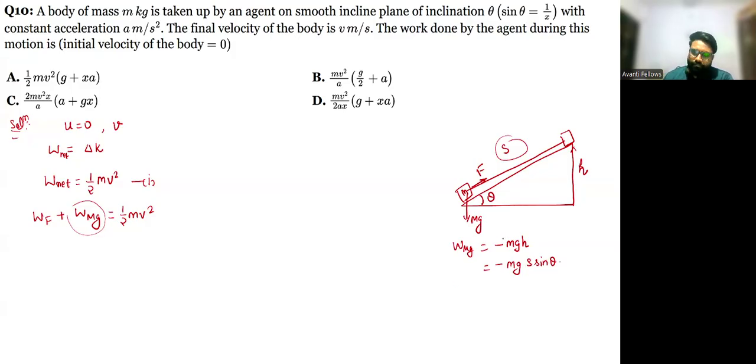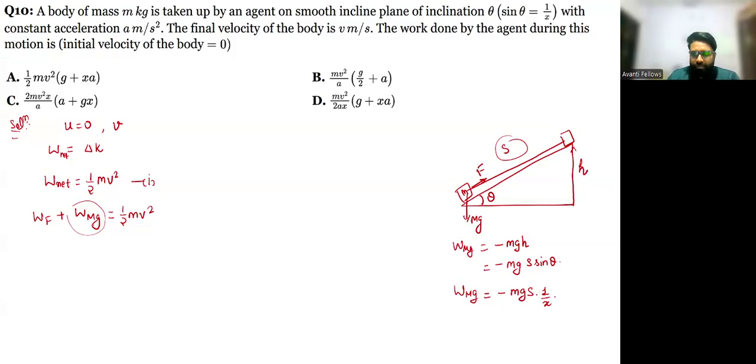Now the work done by mg force is equal to minus mg s sine theta. What is the value of sine theta? Sine theta is 1 by x, 1 by x only. So this is simply the work done by mg force.